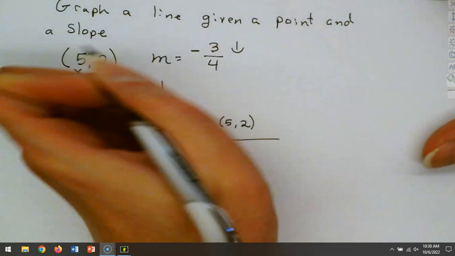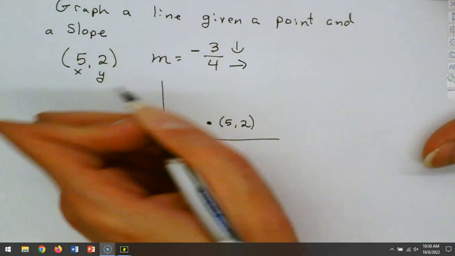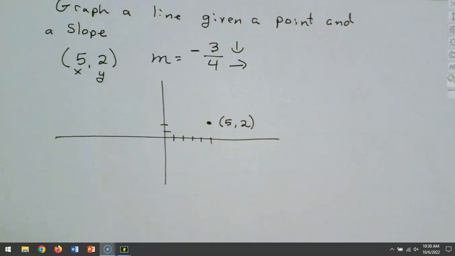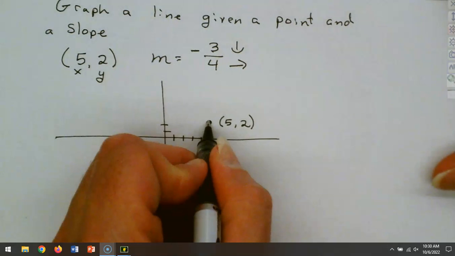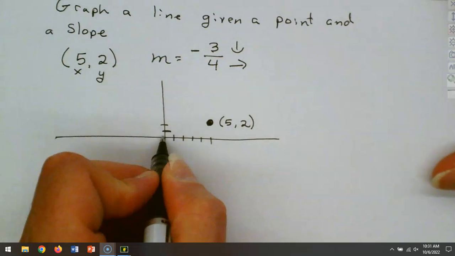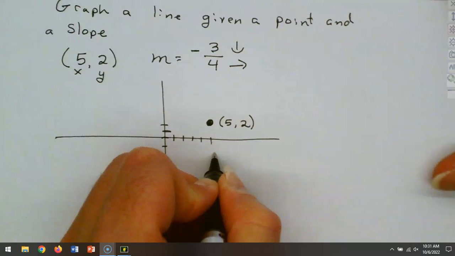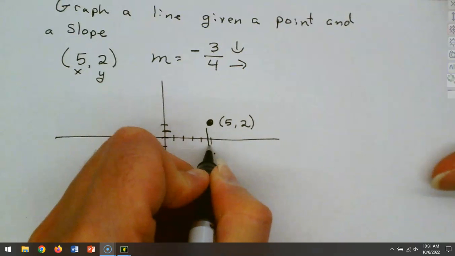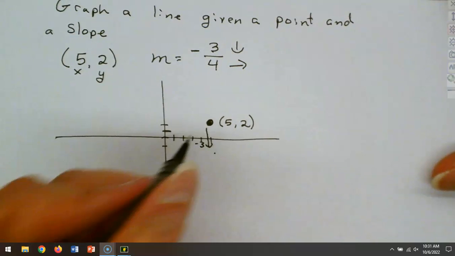So that means I've got to go down 3 from that point and over 4. So from my point right here, this is where I'm going to start. I'm going to go down 3 units. So down 1, 2, 3. So we're going to have to go down 3 and over 4.